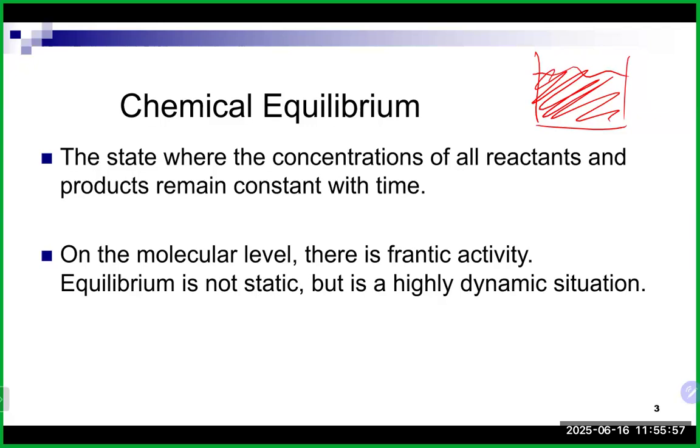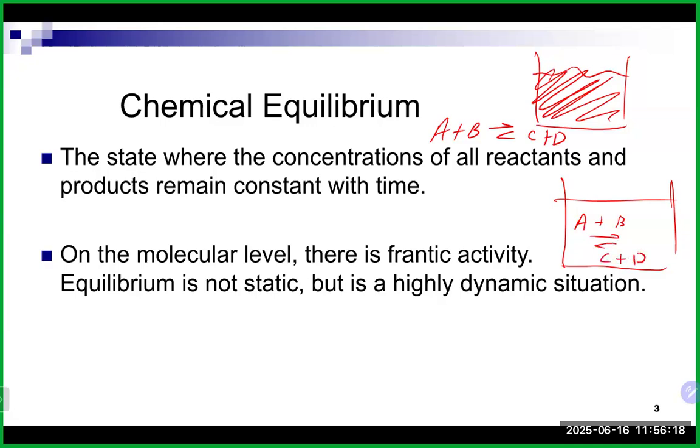On the big level, there's really not much changing visually. And if this was that same reaction where A and B went to C plus D, if you were to super zoom in, what you would actually see is there's a lot of activity to maintain, for example, that red color that you just visually see.